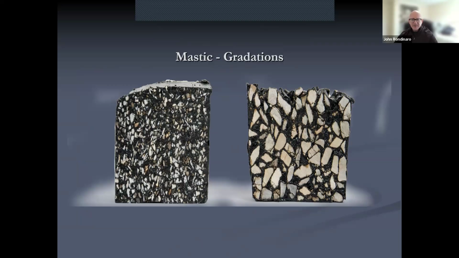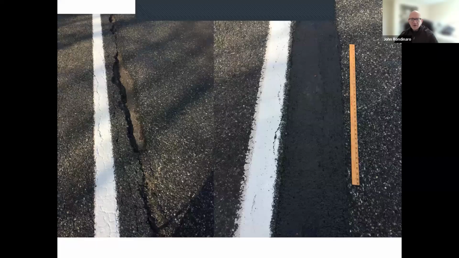You can use that in a thin application, typically for treating alligator crack areas. And on the right-hand side, you've got your coarse aggregate gradation, and that's what you'd be using when you're trying to fill in a big, deep hole. So this is what your pavement issues would look like. Big deep hole. You get in there, you can get it filled up with mastic.